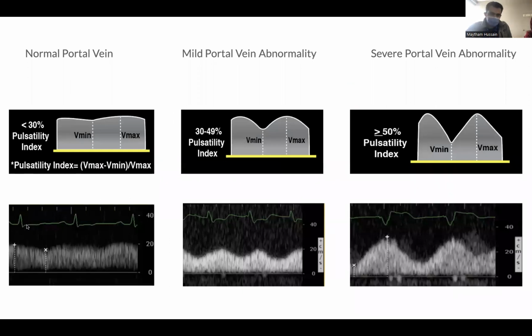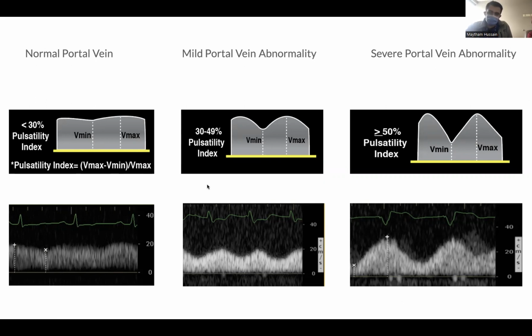Ideally, in normal patients, what you should get is this continuous waveform, which is called a venous hum. And then you calculate the maximal velocity and the minimal velocity, and then you can calculate a pulsatility index. That's the Vmax minus the Vmin, divided by the Vmax. In normal patients, it should be less than 30%.